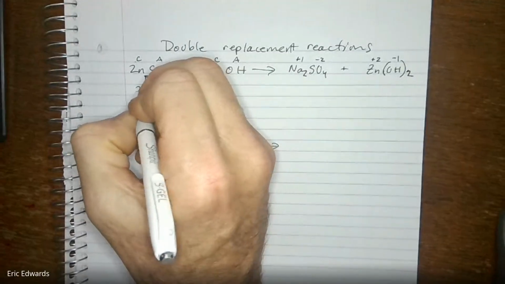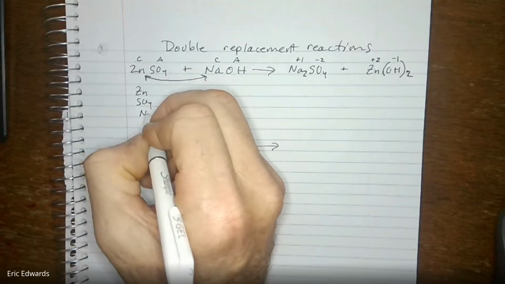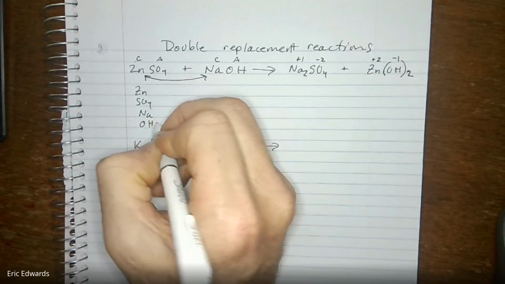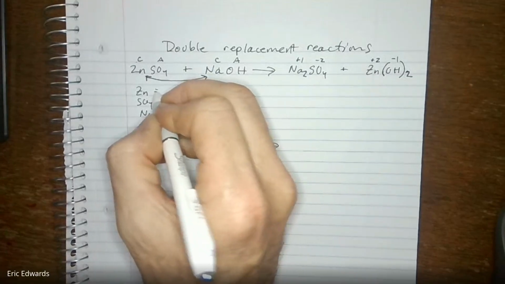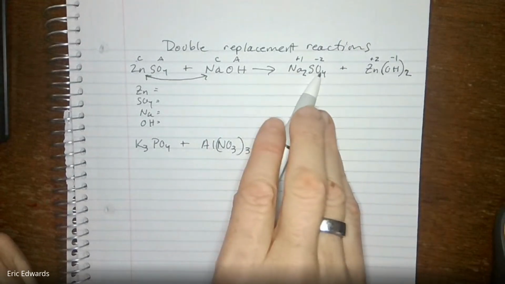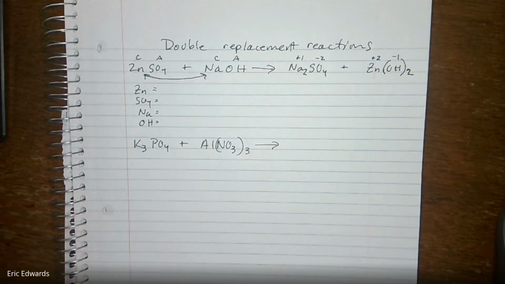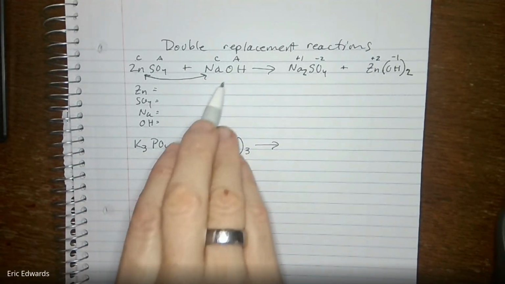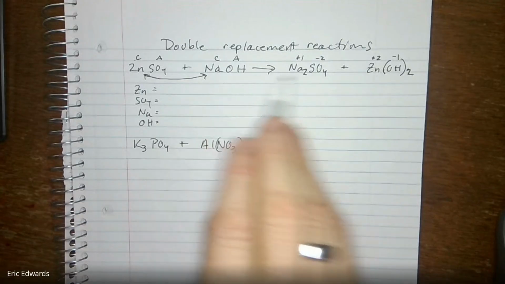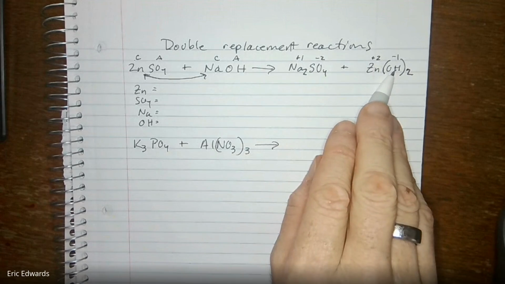Okay, once I've done that, I'm going to add my things on the side. Now, again, in this case, since I have sulfate over here and there's no sulfur other than sulfate on the products, I can keep the sulfate together. It will keep things a little bit easier. In this case, I have hydroxide over here and there's no more hydrogens anywhere else, so I can keep that hydroxide together.